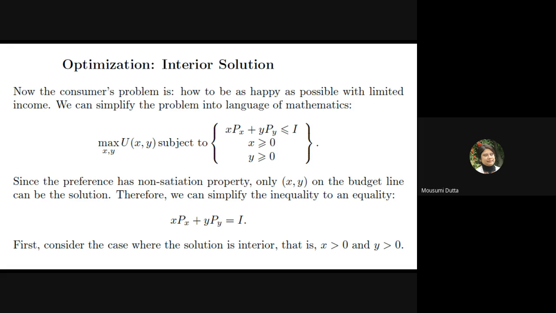So we are starting to talk about consumer's optimization, and here we are trying to find an interior solution. Interior solution means a combination of X and Y, not a single commodity solution.